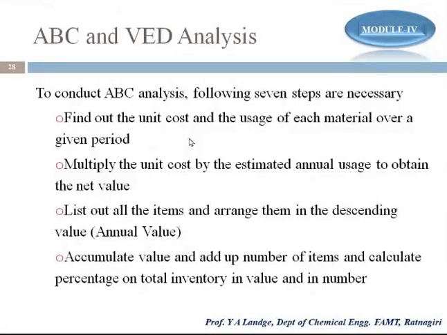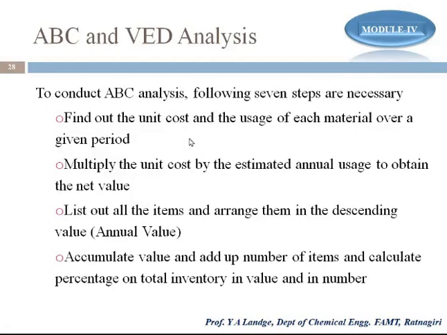So first we need to find the unit cost of the item, and what is the use of this raw material over a given period? Most of the time we consider the yearly pattern, so we have to find how many units are consumed yearly and the cost per unit.